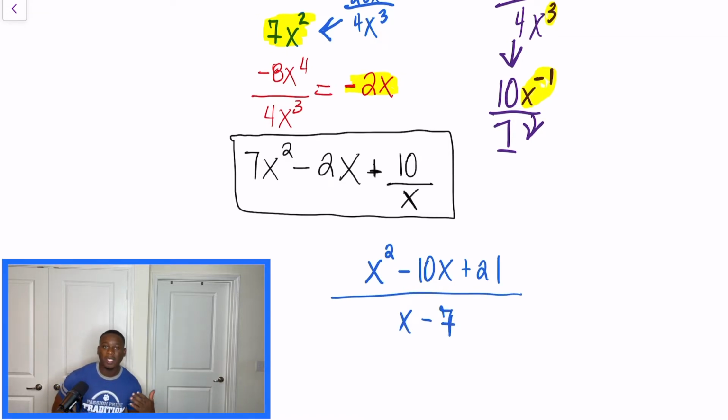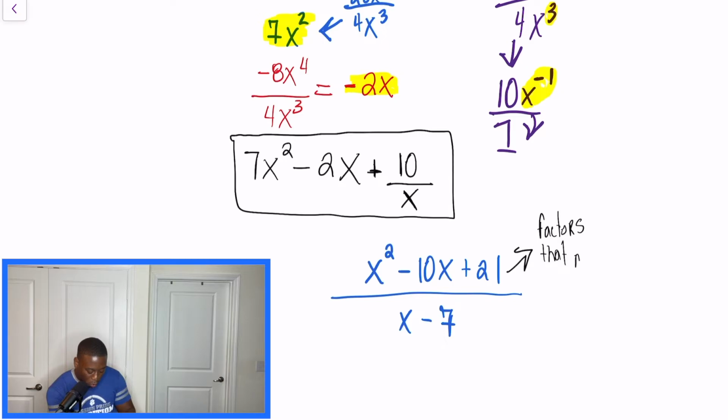So when we have these types of problems, guys, remember that the denominator, we can't simplify x minus 7 anymore. So it's going to stay the same. But what we can do is focus on the top. And remember, when we're factoring trinomials, we're looking for factors that multiply to give us 21, right?